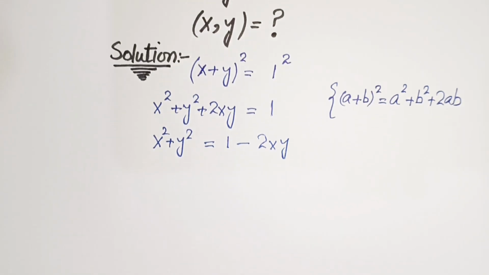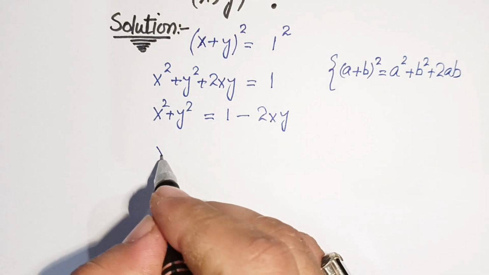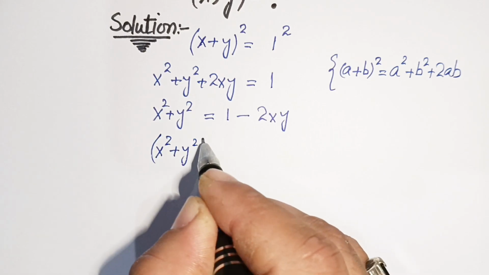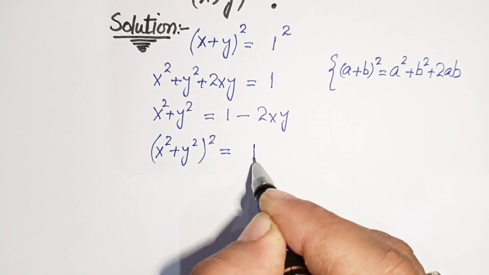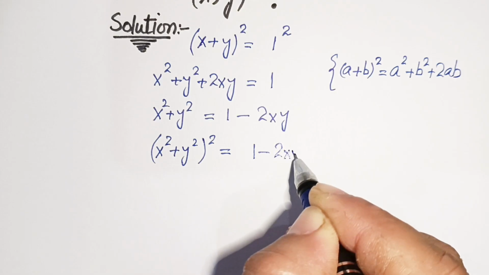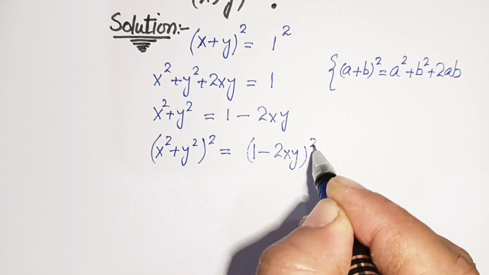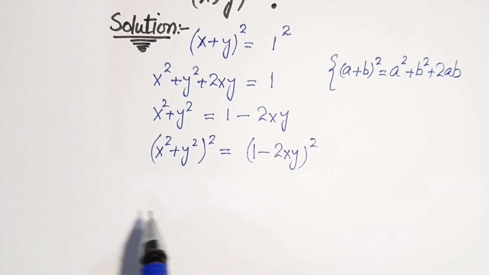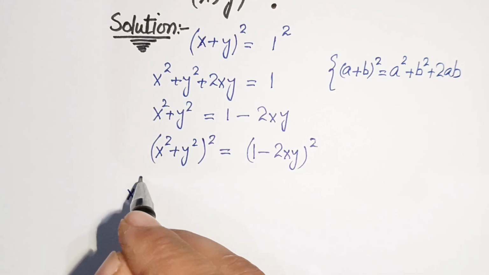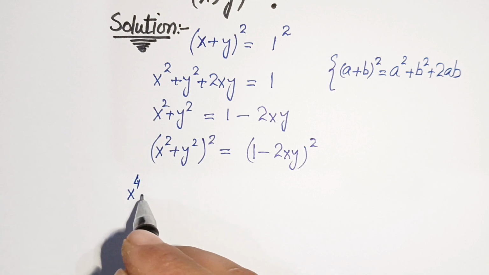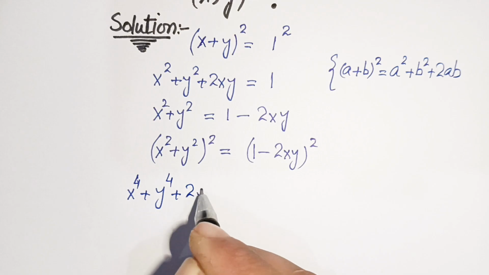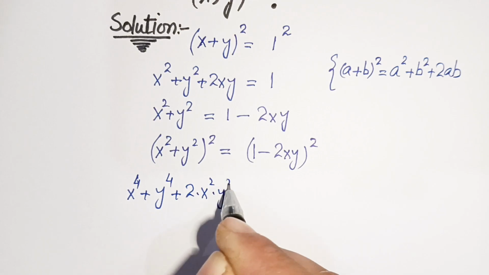Here we are going to take the square again on both sides. It will be x squared plus y squared whole squared is equal to 1 minus 2xy whole squared. Here we use the identity again, so x squared whole squared will be x to the power 4, plus y to the power 4, plus 2 times x squared times y squared.